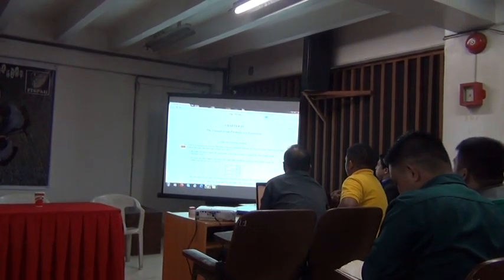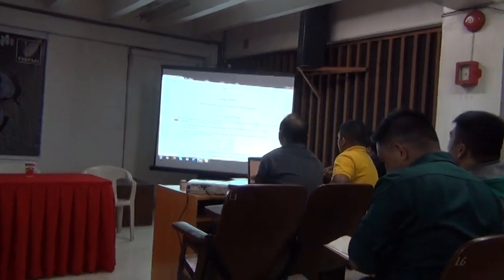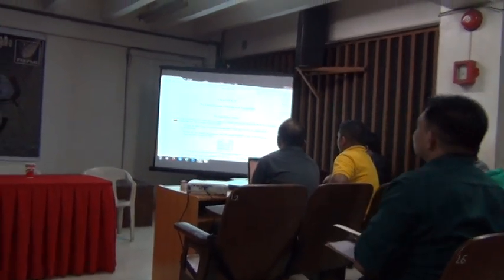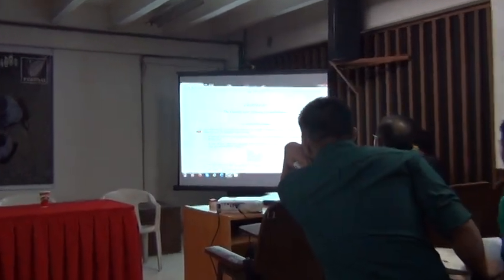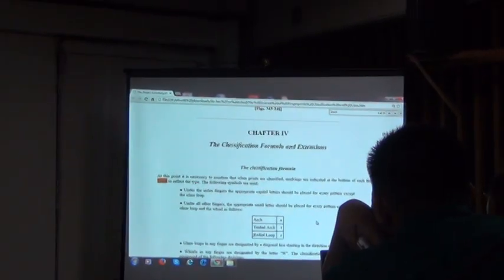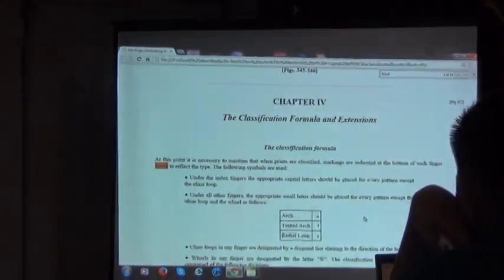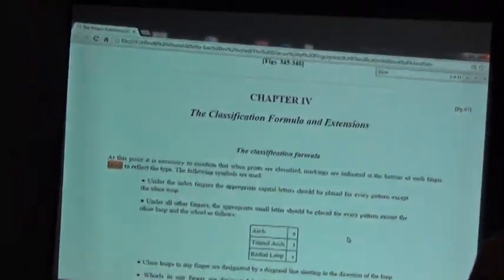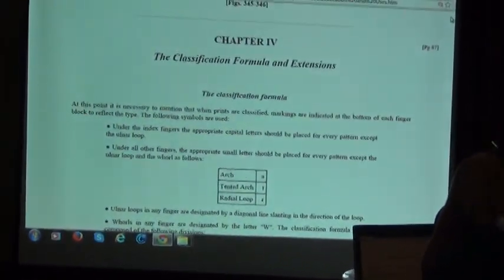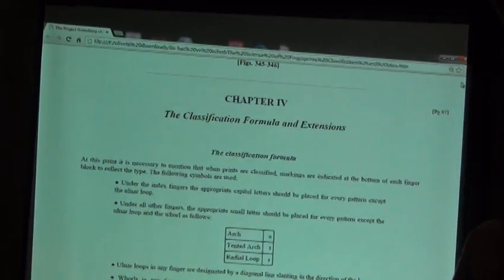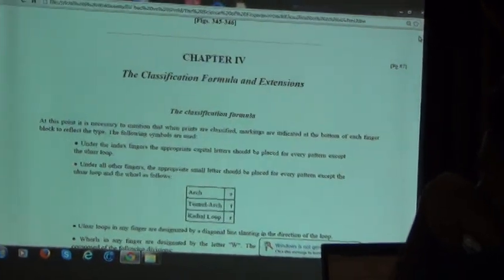Number 1, as you see there: at this point, it is necessary to mention that when prints are classified, markings are indicated at the bottom of each finger block. This is what we call the finger block. To reflect the type, the following symbols are used.